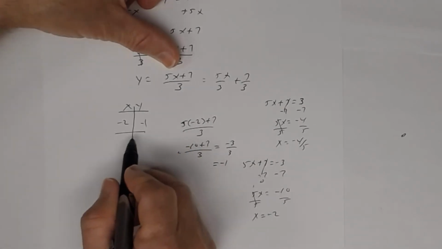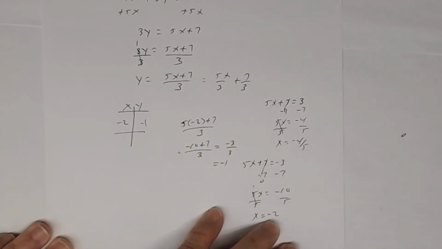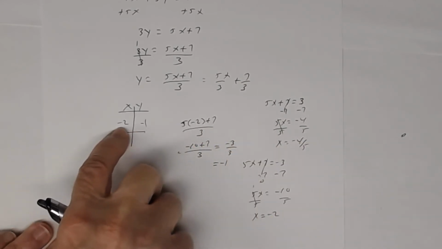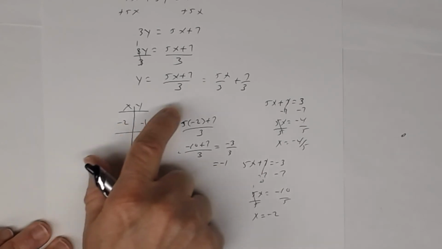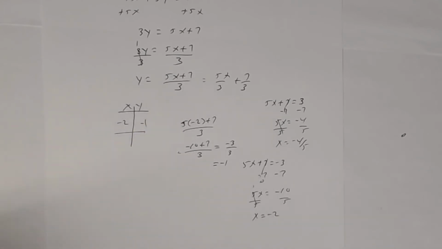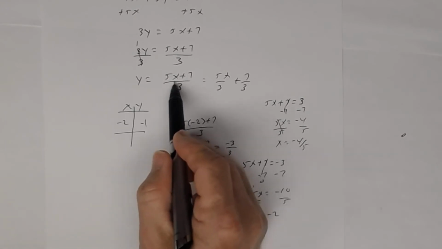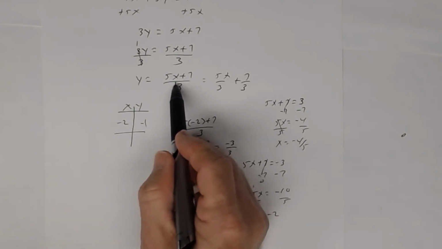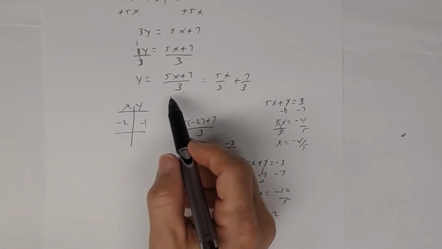All right, but you don't have to guess at the others. Once you find one where you get x to be an integer, the rest is easy. Now, you're not going to understand what I'm about to say because we haven't talked about the idea of slope. But look at the denominator. That denominator here is 3. It has something to do with the slope.